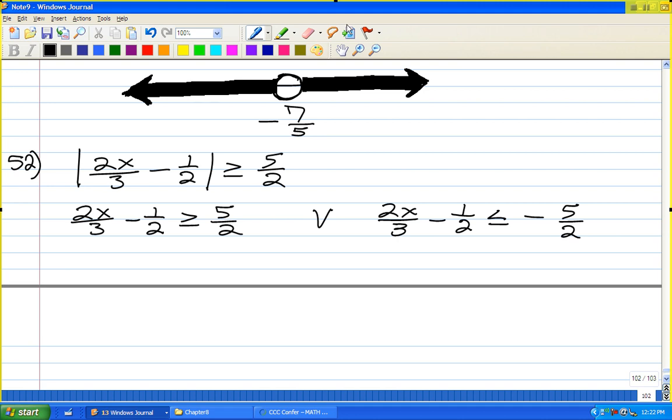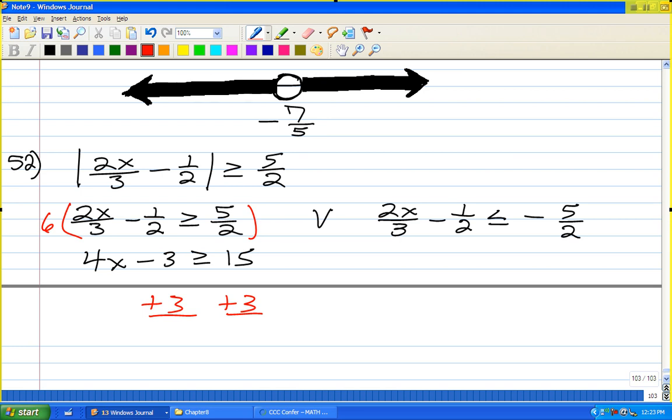Let me multiply both sides of this inequality by the least common denominator, 6. 6 divided by 3 is 2 times 2x is 4x. 6 divided by 2 is 3 times 1 is 3. 6 divided by 2 is 3 times 5 is 15. Let me add 3 to both sides of my inequality.